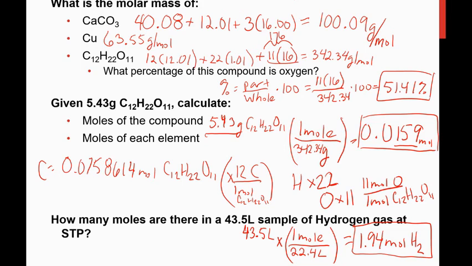The unit you're trying to go to goes on top. Sometimes you could have multiple step problems where there's a stopping point. Say I wanted to go from particles to grams. I have to go through moles first and then from moles to grams. So particles to moles, moles to grams.